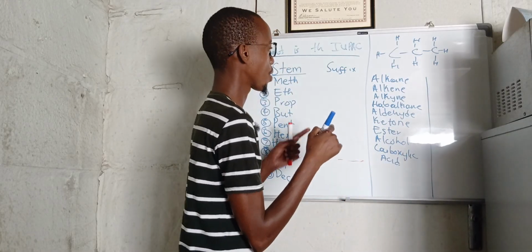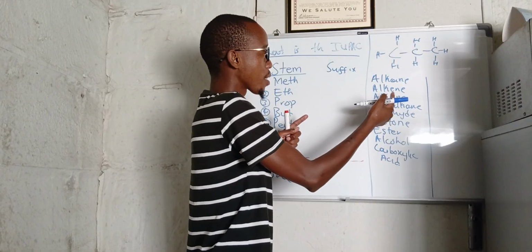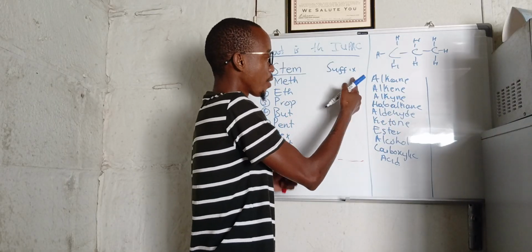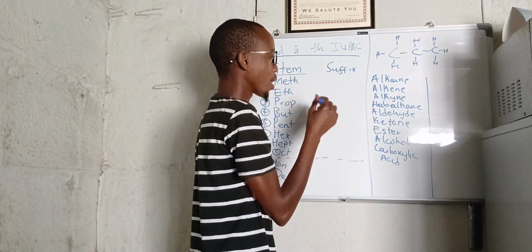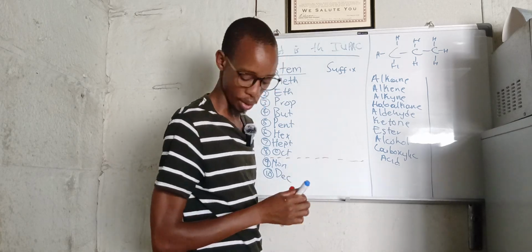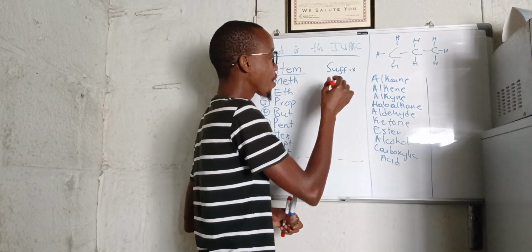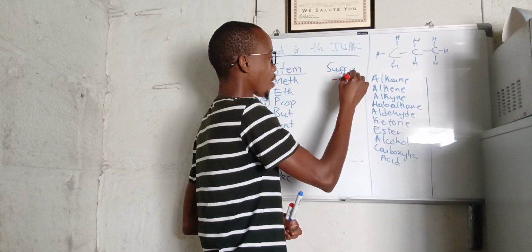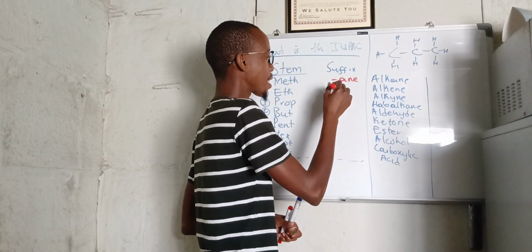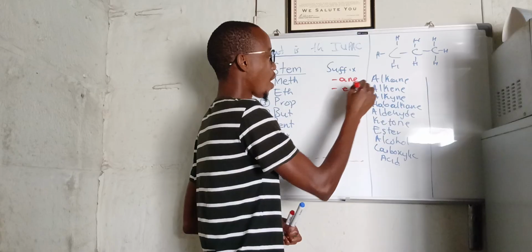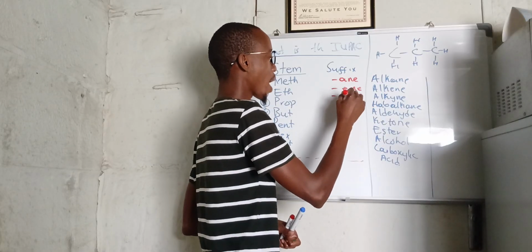So what I'm going to do is this. Even though I wrote the homologous series in here, I'm going to write each and every suffix of each one. I'm going to use red for suffixes. So for alkane, the suffix is ane. For alkene, the suffix is ene. For alkyne, the suffix is yne.